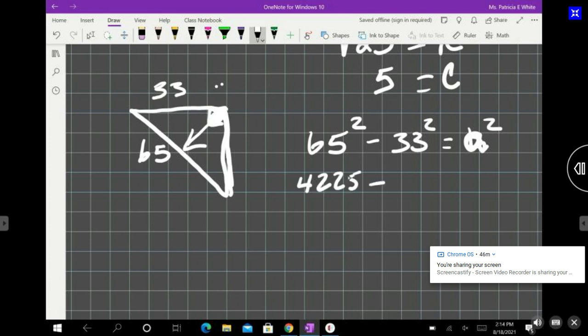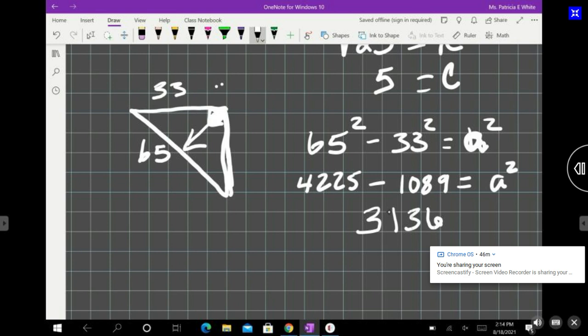Minus 33 squared, 33 squared is 1,089, equals A squared. So when I subtract, what do I get? You get 3,136.